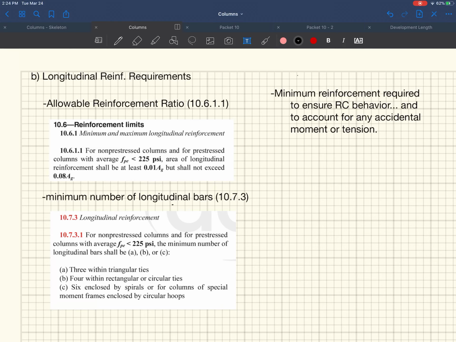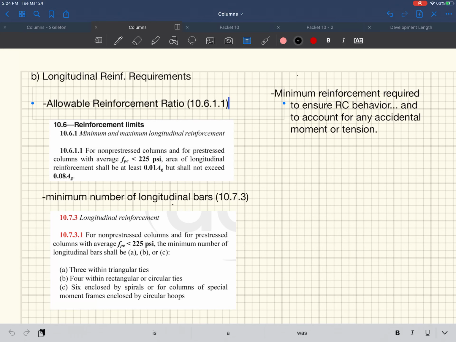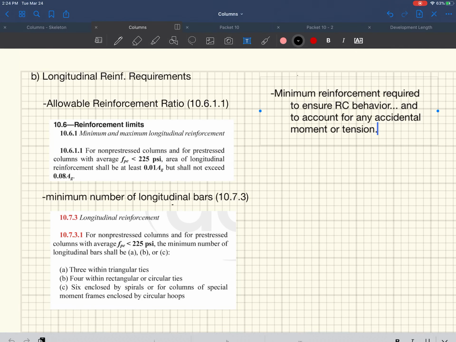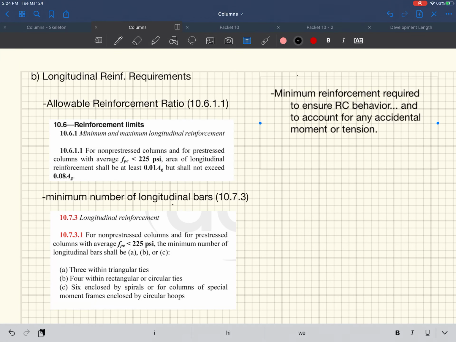You have to include just a little bit of reinforcement. What happens if you've designed it as a concentrically loaded short column, but there's an earthquake or something like that, and you get a little bit of tension on one side that you weren't expecting? Having some reinforcement in there is crucial for that. And so the ACI code is aware of this, and they say, yep, you absolutely have to use a minimum amount of reinforcement.